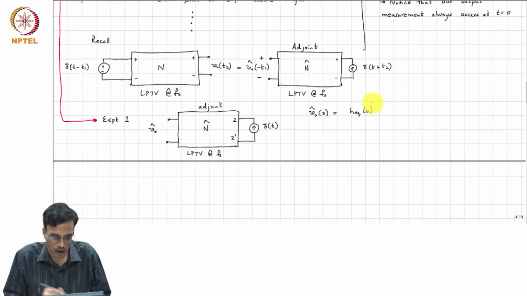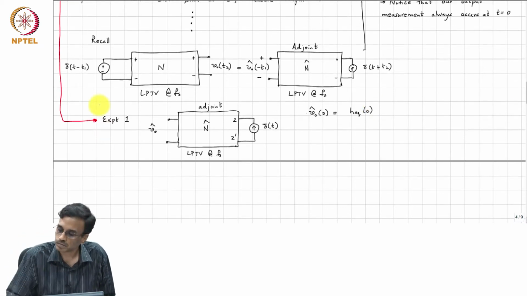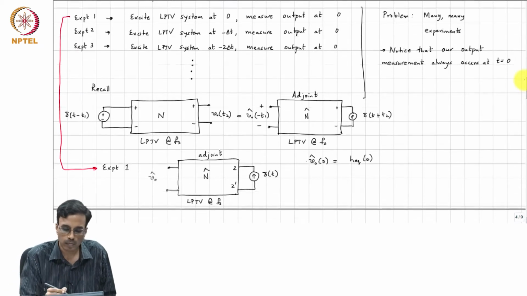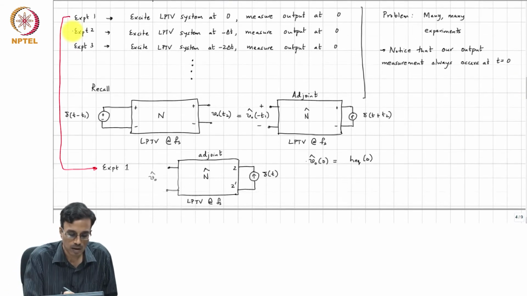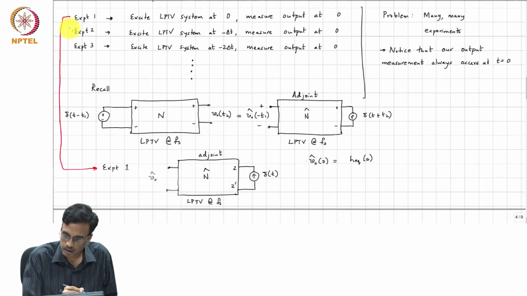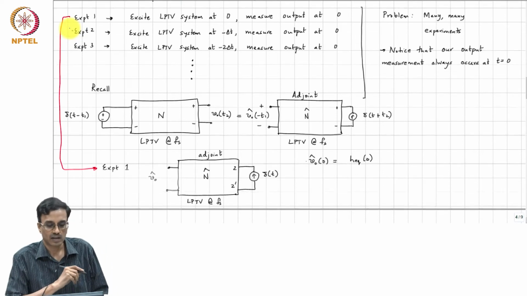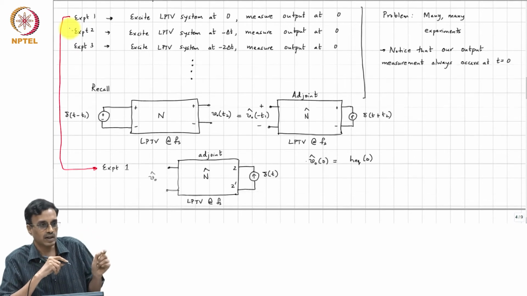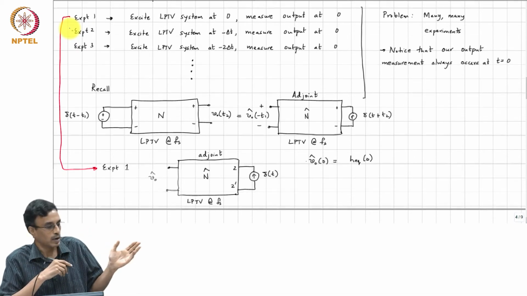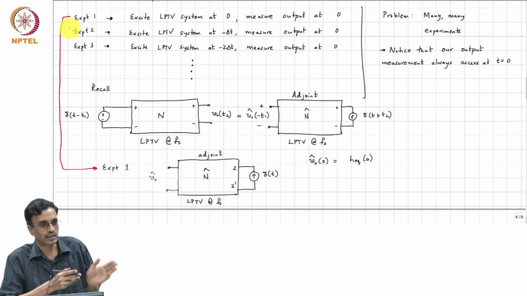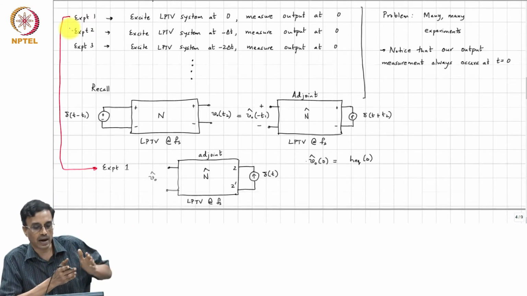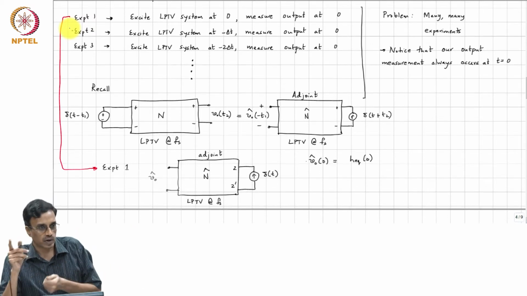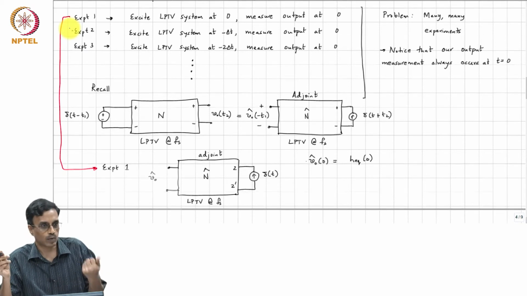All right. Now, what about experiment 2? In the original experiment, you would apply an impulse at minus delta t and measure the output at 0. So, in the adjoint network, what should you do?